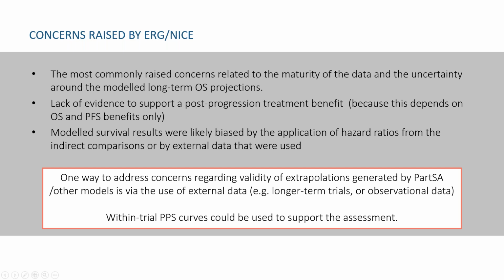So because the post-progression mortality transition isn't modelled directly in the partition survival approach, it's not possible to establish from the model whether this effect was supported by the trial data in any way, or if it's generated entirely during the extrapolation. So one way to address this would be to look at within-trial post-progression survival curves. This could be used to support the assessment of the extrapolation if this was available.